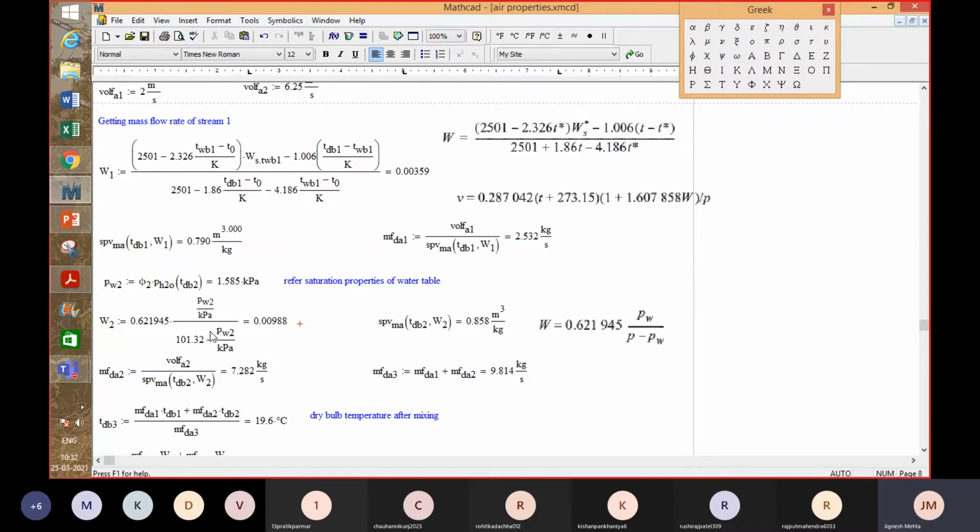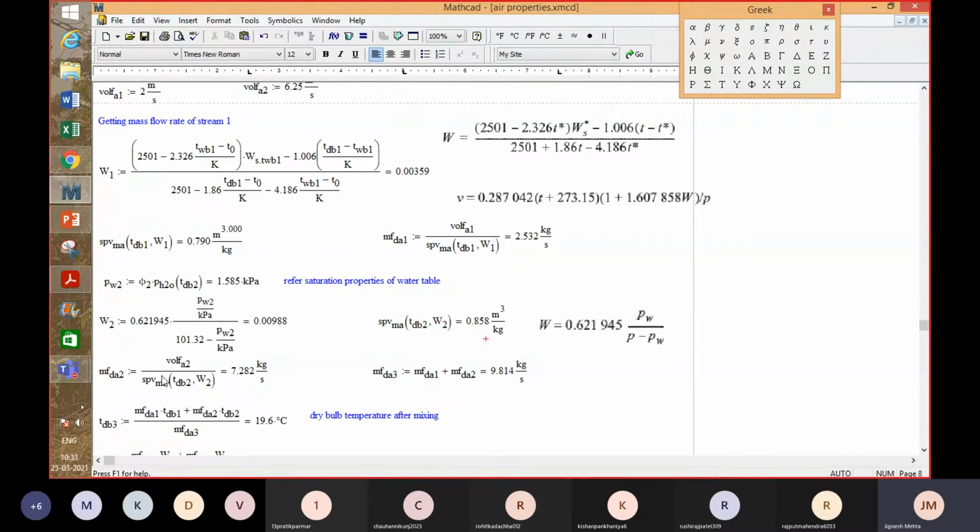Now, with the help of the formula for specific volume, you can get the specific volume. You should get something near 0.858. Yes, so that judgment was quite good, and it is close to 0.858. Almost the same.